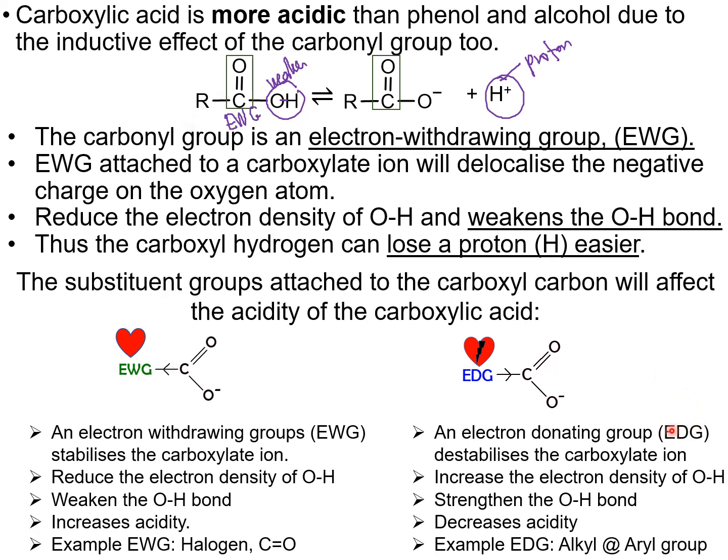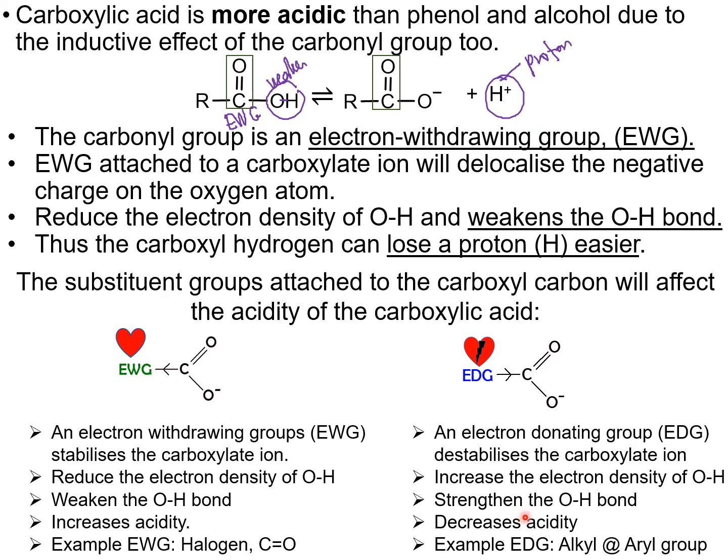So you have to remember, carboxylate ion sangat tak suka dengan electron donating group sebab dia akan destabilize the carboxylate ion. Sebab dia akan increasekan the electron density of OH, so susah dia OH ni nak buang proton tersebut.